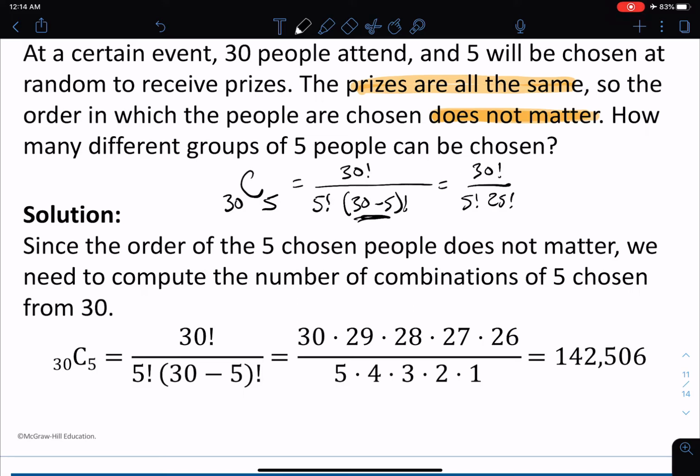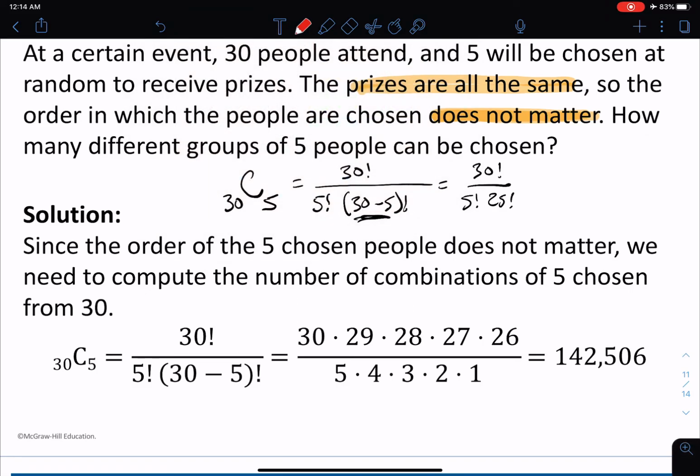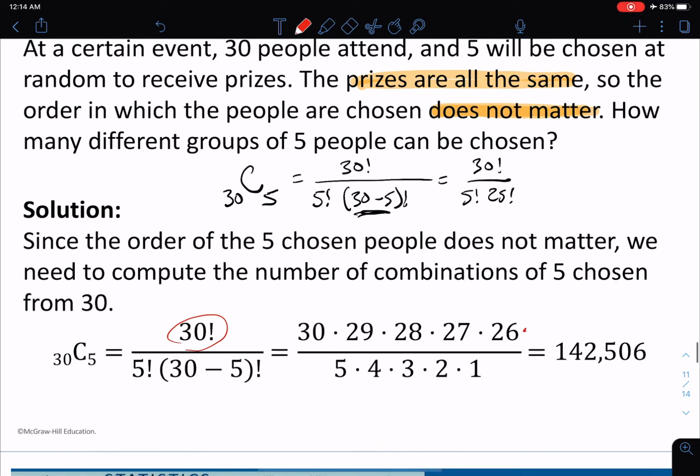And the step they're kind of skipping by, which I'll go ahead and write in for you, is this 30 factorial. When you break it down, it's 30 times 29 times 28 times 27 times 26 times 25 factorial.